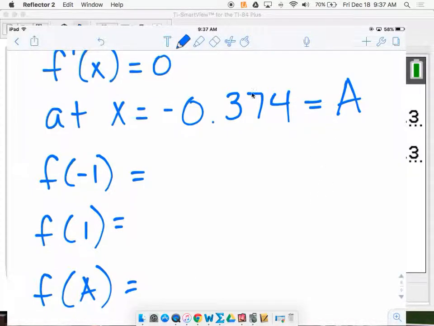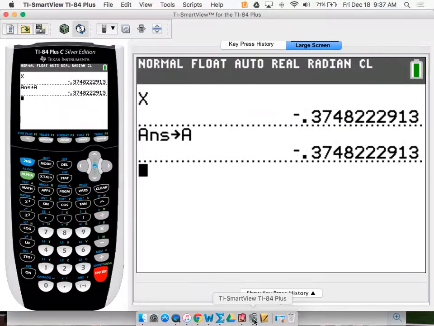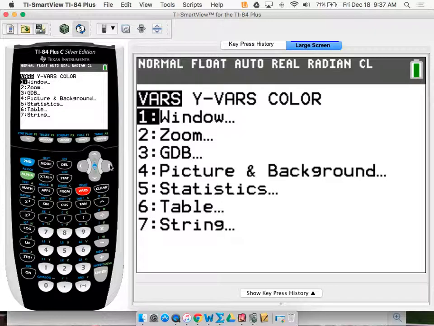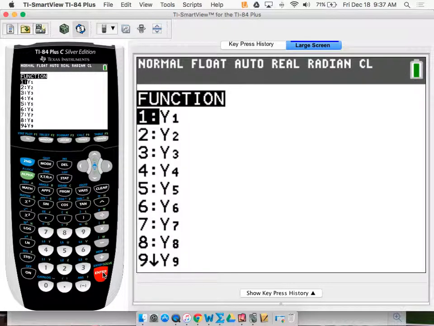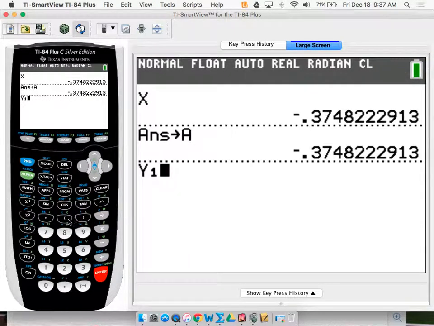All right, now we have the original equation stored as y1. So you are going to hit, again, the y-vars button. Scroll over once to the Y-VARS. Hit 1 for function, 1 for y1.